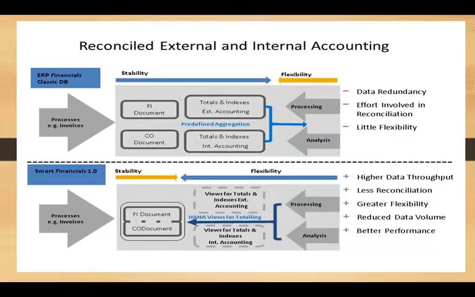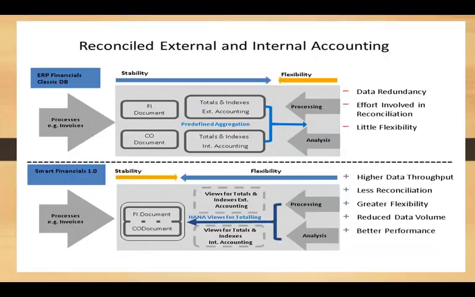Then see in this picture, you can see the existing data and simple finance apps. In SAP ERP financials with the classical database, there is data redundancy, that means duplication of data, and effort involved in reconciliation. So we need to keep most of our effort in reconciliation of data, and the flexibility is also very less.